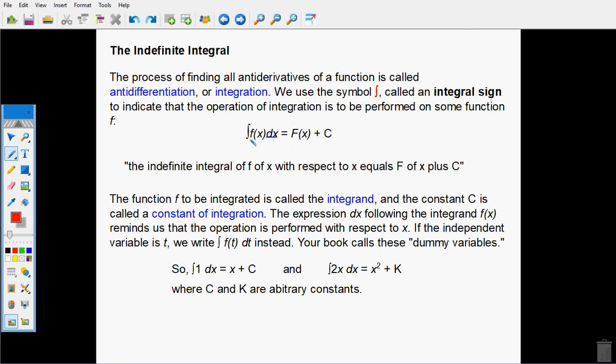So a lot of times we will associate the derivative as a little f and the original function as a big F. The indefinite integral of little f of x with respect to x equals, so this part right here at the end, dx means with respect to x, just like when we write the derivative, d over dx. That's the derivative with respect to x. We need this part. It's going to come in later. I really need this dx at the end.